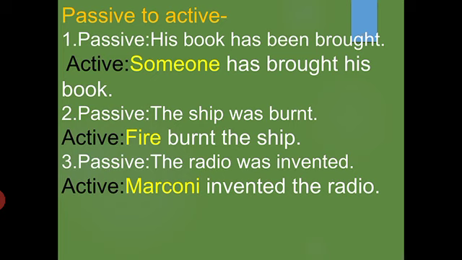By whom? There is no clue. So, as you can see in the sentence, we have taken fire because fire always burns something. So fire is the subject here, then burnt, then the sheep.